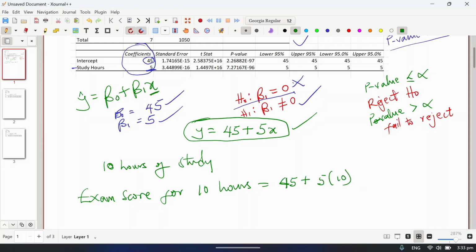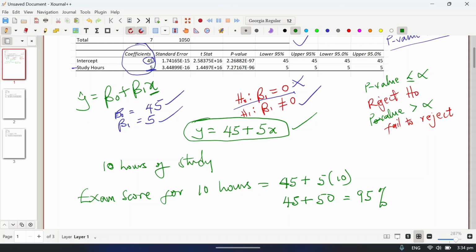That is 45 plus 50, which is equal to 95%. So meaning that if a student studies for 10 hours, the student is likely to get 95% based on our data.